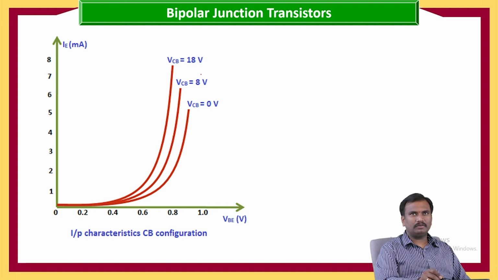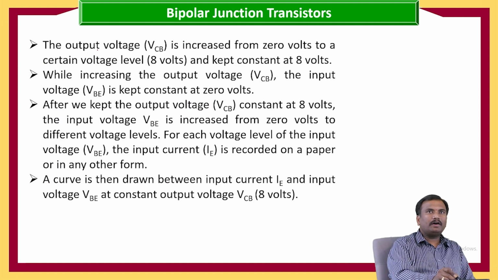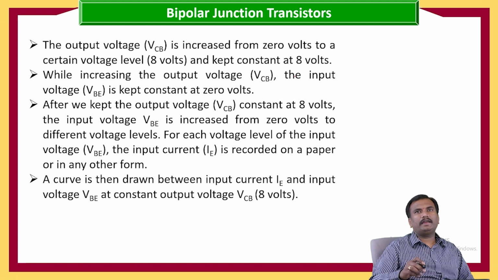We can also go with different values of VCB, and we are going to get different characteristics with different VCB values. Here the output voltage is increased from 0 volts to a certain voltage, 8 volts, and kept constant, and then again we vary VBE and note down the VBE and IE values.